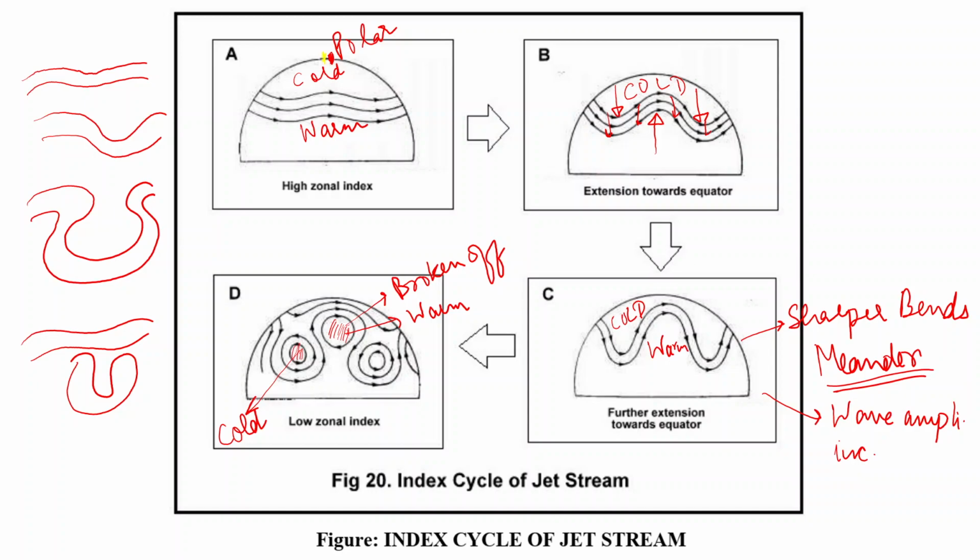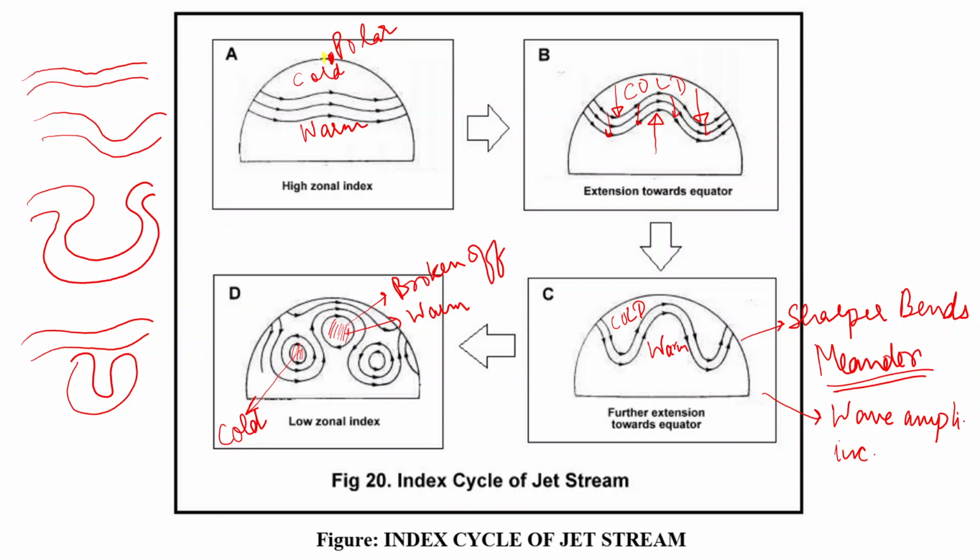Then in the second stage, the jet streams start to show a little bend or start meandering slowly. In the third stage, the bends become very sharp and the wave amplitude increases. While in the fourth case, the eddies are formed, or the pools of cold and warm air are formed because they break off from the mainstream.